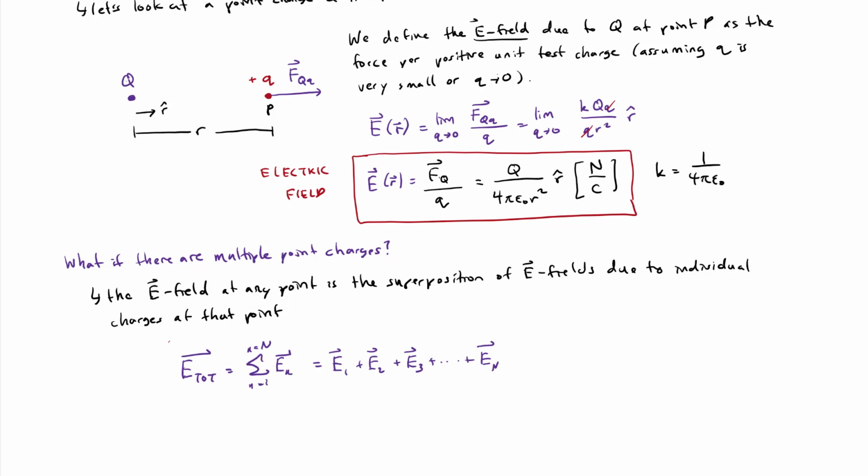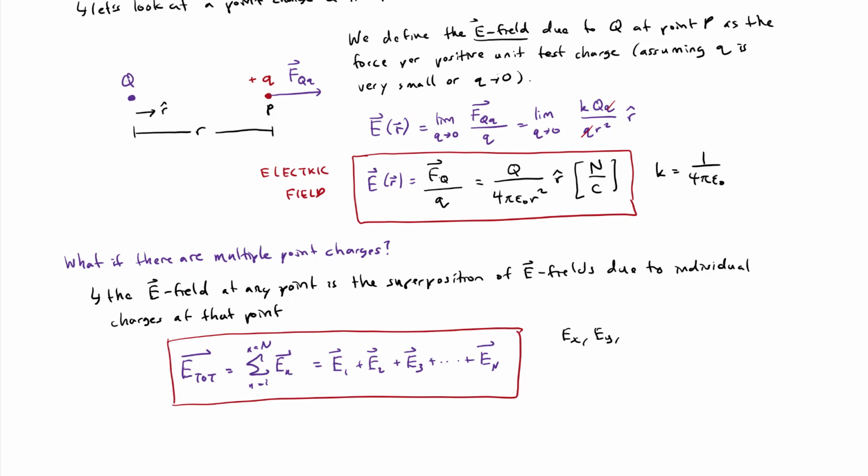It's a vector. So although we can just say the principle of superposition holds for electric fields as well, the one thing I want to bring to your attention is that the electric field is a vector. So that means, similar to electrostatic forces, when you're adding it all up, if you have Ex, Ey, and Ez, you have to take all of those into account because the electric field is a vector. So we have to use vectorial summation.